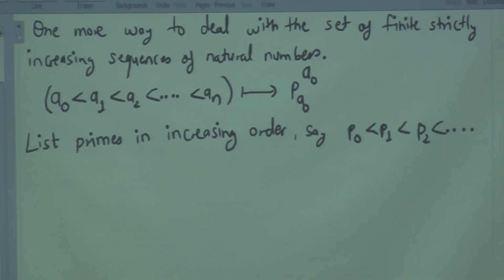Okay, I can also do that. P0 to A0 is also fine. Or even if I just take different powers: P0 to A0, P1 to A1 and dot dot dot Pn to An. Map this sequence to this particular product.